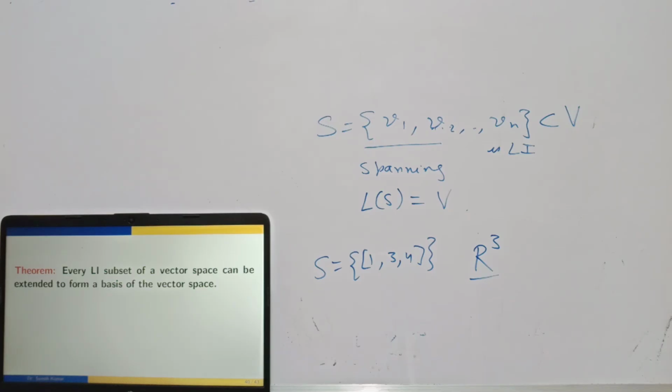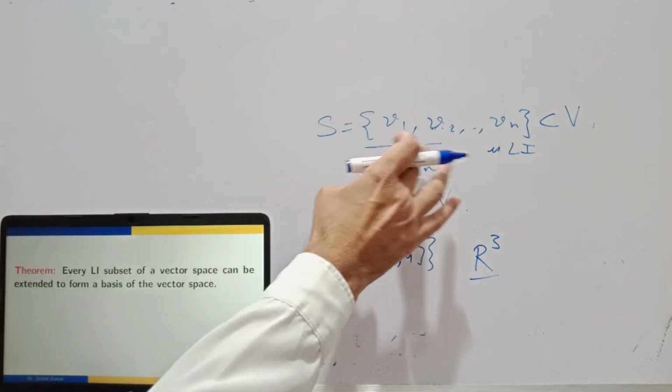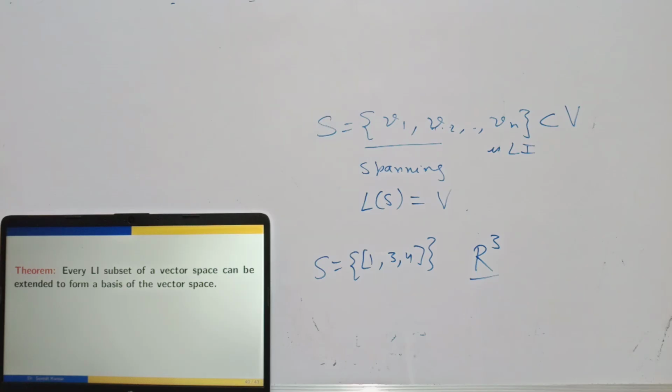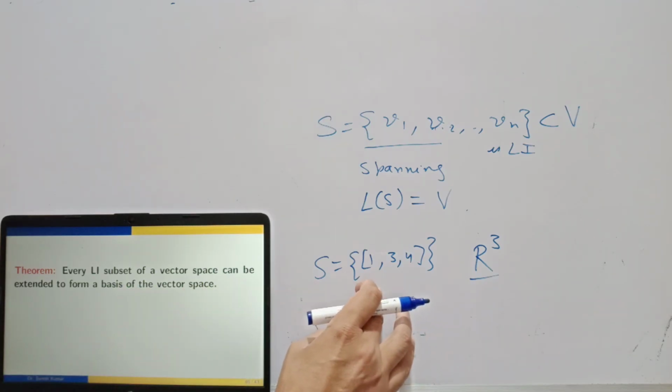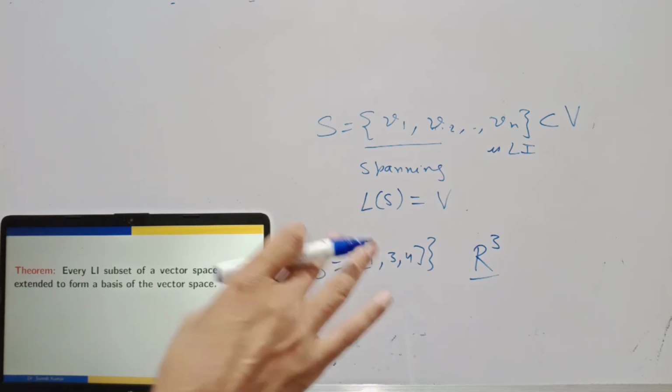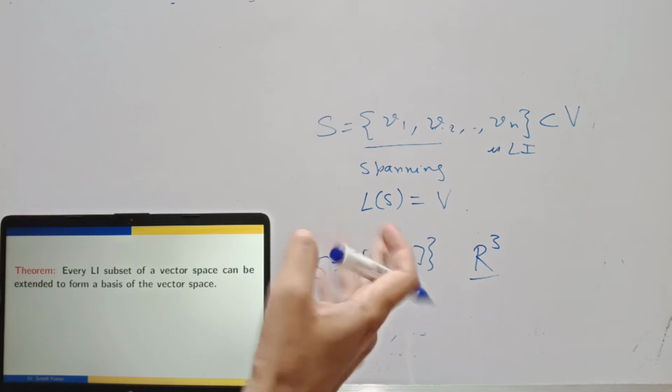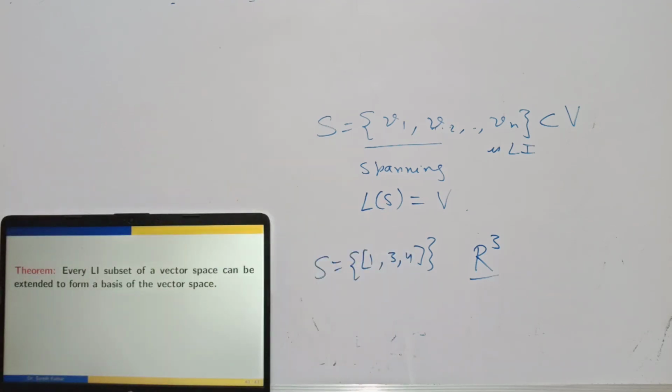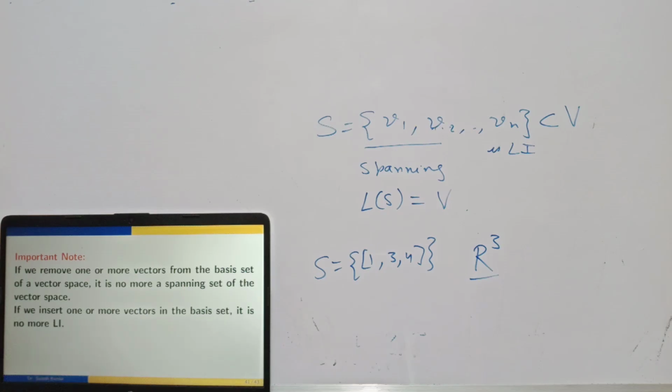So we can construct a basis from the given set. If it is a spanning set, find a maximal linearly independent subset from it, that will form a basis. If it is a linearly independent set, then either it is itself a basis, it's fine, otherwise, insert some extra vectors to make it a basis. So these points I've already explained today.